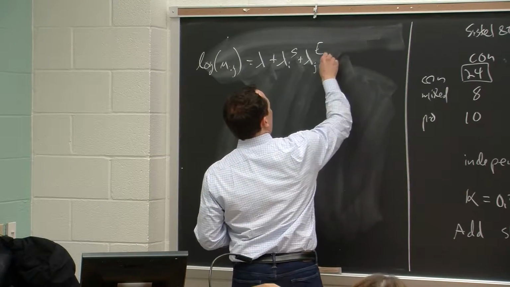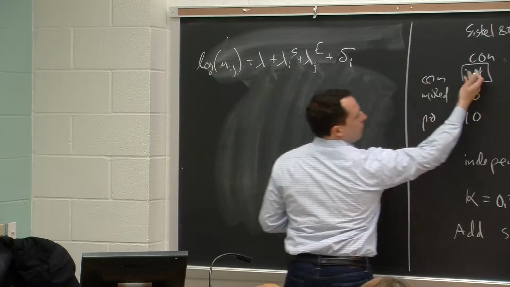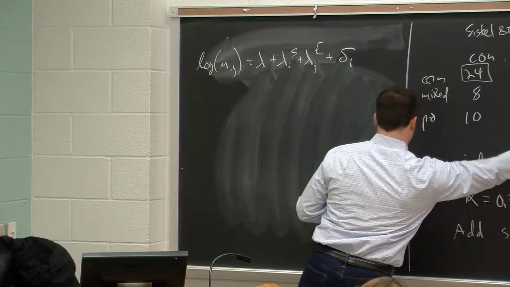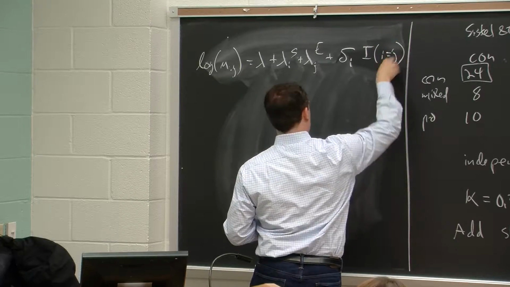And then for every entry, a parameter, it gets its own delta, this gets its own delta, this gets its own delta, times this indicator of variables.